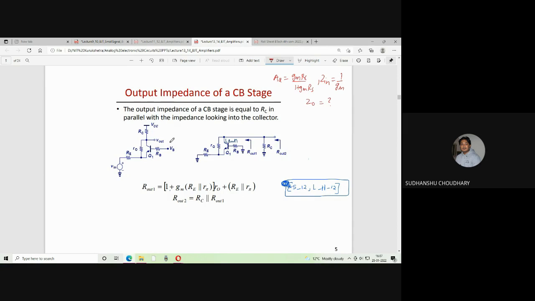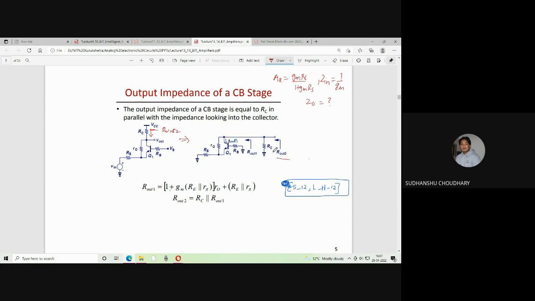For output impedance, we need to look into the collector side, that is, we need to look from here to find Rout. Or maybe I can transform this circuit into this: the emitter, that is Vin, is grounded, and we find Rout. So let us say this is Rout2 looking into the collector.